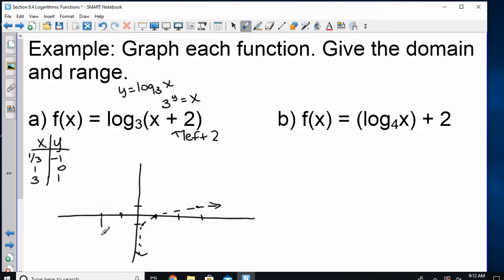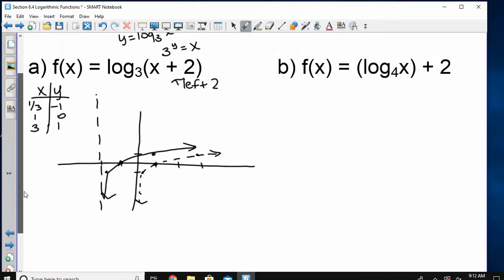Now it will be at -2. And then you just move all your points. And so it should look like that. What's the domain of this one? Range?